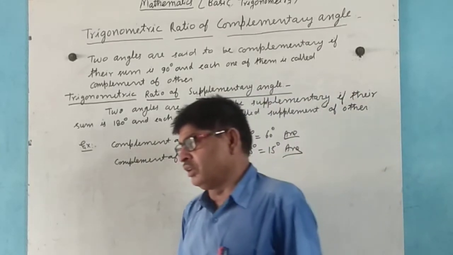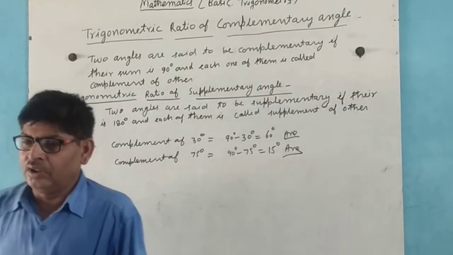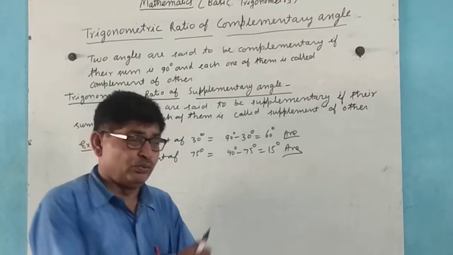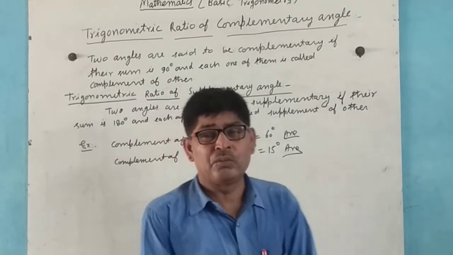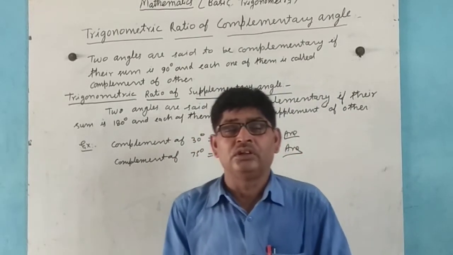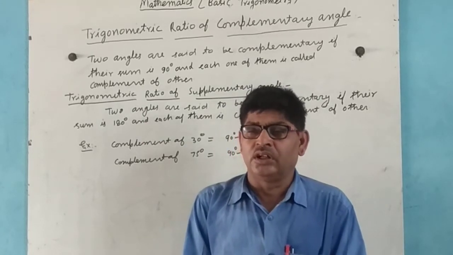Then one angle is said to be the complement of the other, and if the sum of two angles is 180 degrees, then each angle is said to be the supplement of the other.